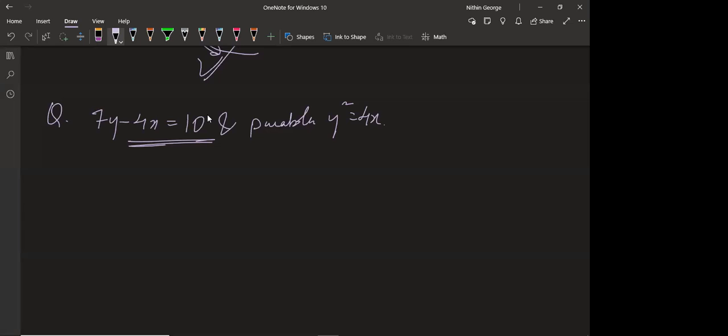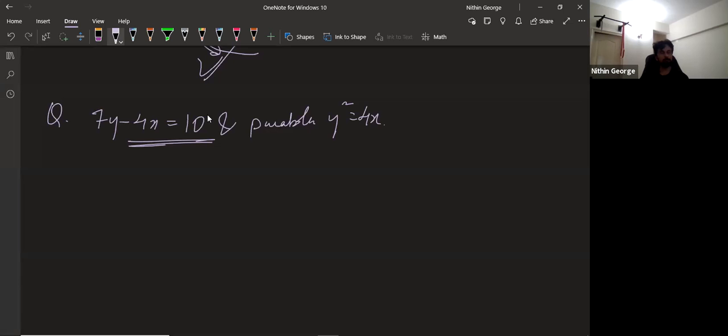Sir, can you repeat the question? Yes. Tangents are drawn from the points of intersection of this line and this parabola.